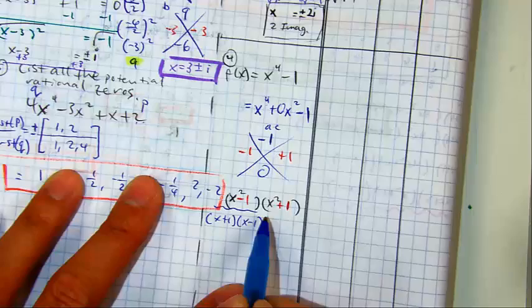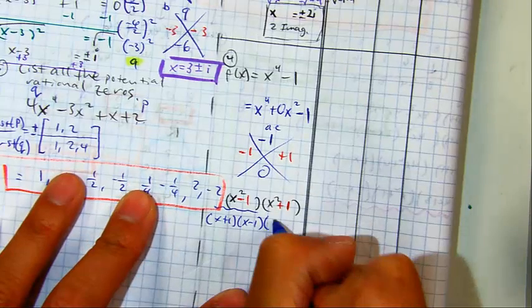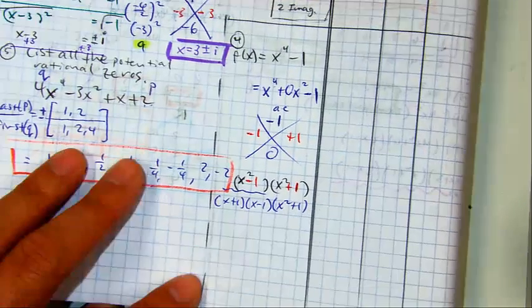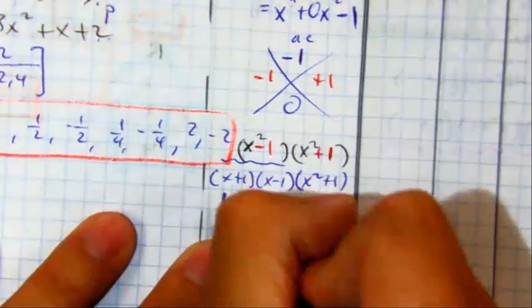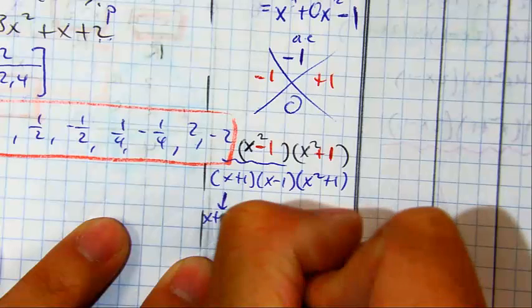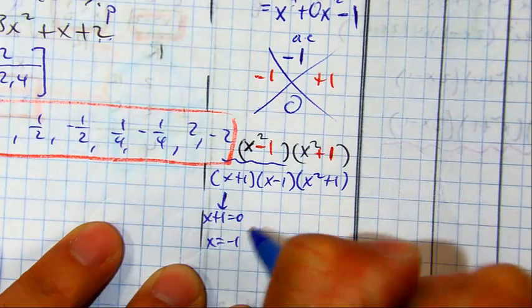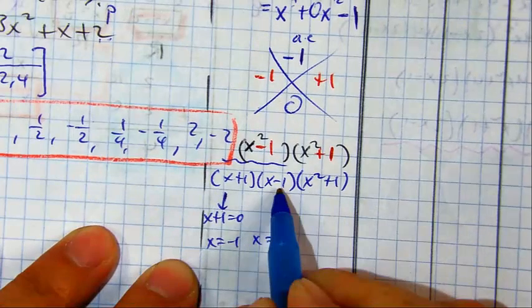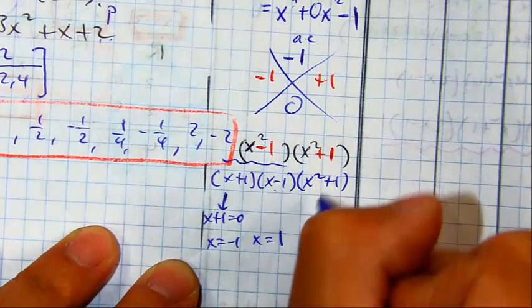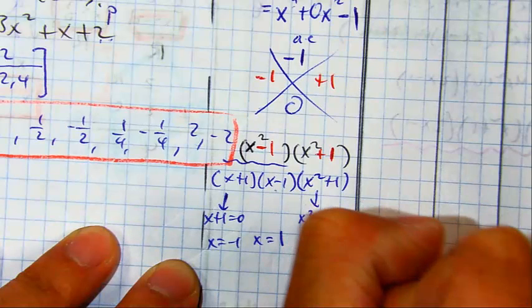This one is not factorable, but you get i at the end. So when you set that equal to 0, x equals -1, or 1. This one, same thing, set equal to 0.